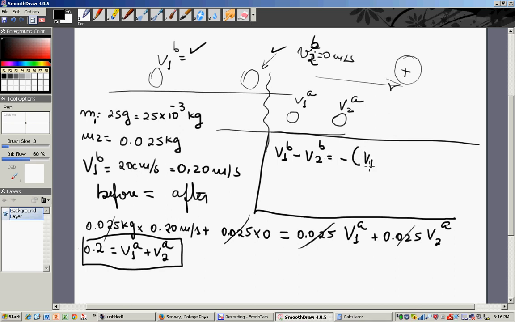And then I just write what I know. v1 before is 0.20 meters per second. v2 before is 0, so I'm not going to write anything, minus v1 after, and then the minus applies to this, so the minus becomes positive v2 after. And I have a second relation for v1 and v2.